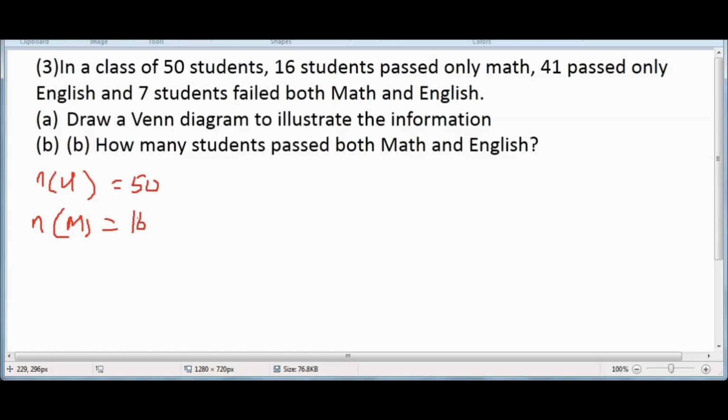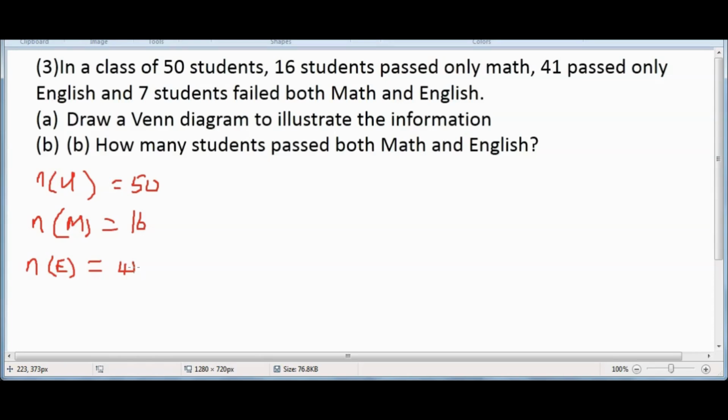41 students pass only English. This is another subset of 50. n(E) is equal to 41, where E stands for English. 7 students failed both math and English. 7 is a part of the class of 50, but not a part of M and E. M and E are those that pass math and English respectively.